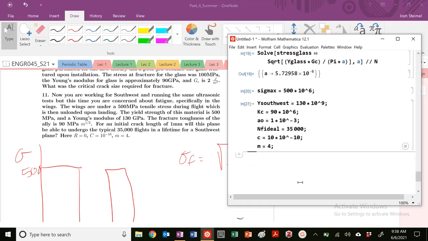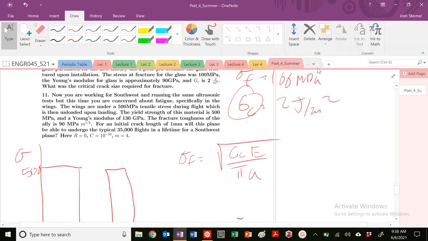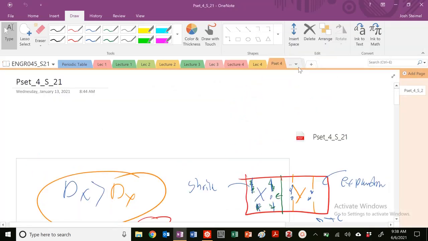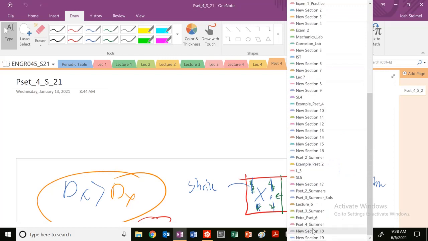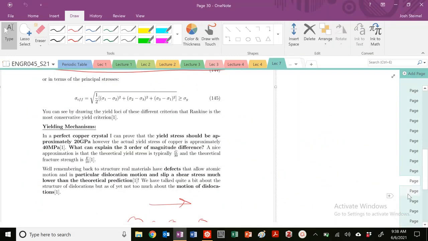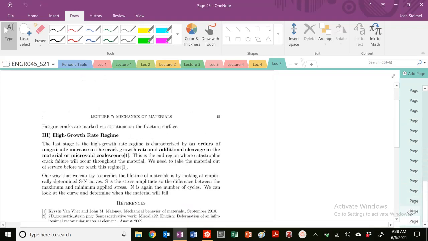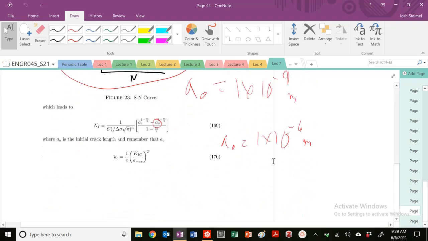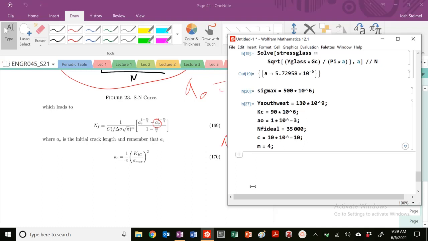So first things first, let's figure out what is my critical crack size at failure. I'm going to need to go back to our notes. Let's go into our lecture 7, all the way down to fatigue, and look at our equation for the critical crack size at failure.